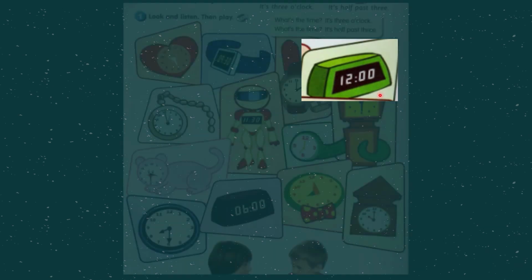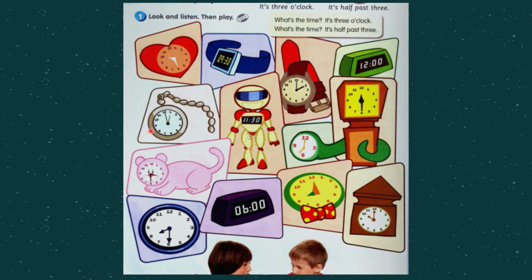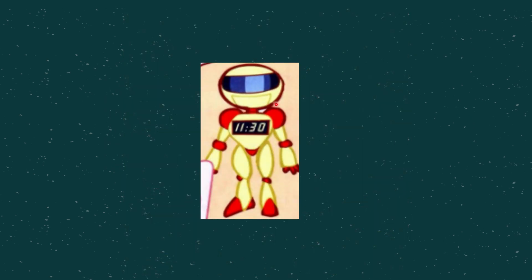Let's look at the fourth picture. 12:00. The time is 12 o'clock. Next, what time is it? Yes, you're right. It is 1 o'clock. Next, what time is it?